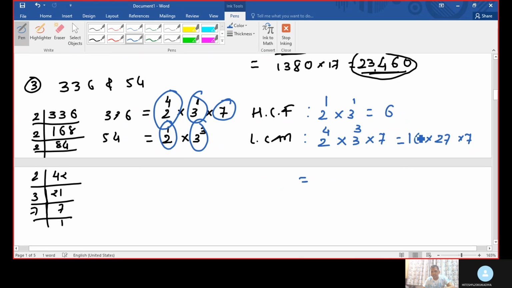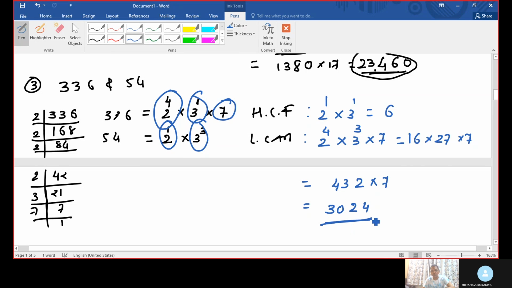Multiply 16 into 27. 16 sevens are 112, 11 carry on. 16 twos are 32, 32 plus 11 is 43. Multiply by 7. So 7 twos are 14, 7 threes are 21 plus 1 is 22. 2 carry on, 7 fours are 28 plus 2 is 30.